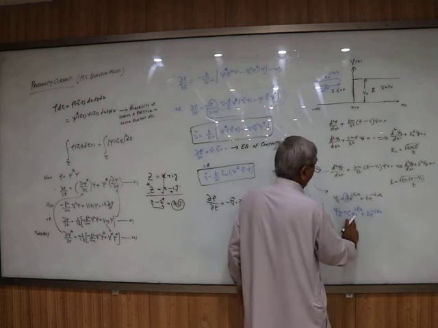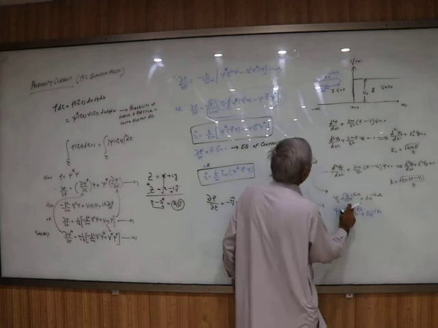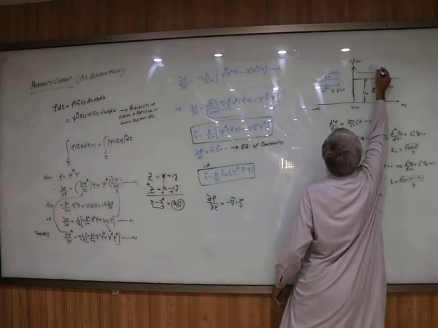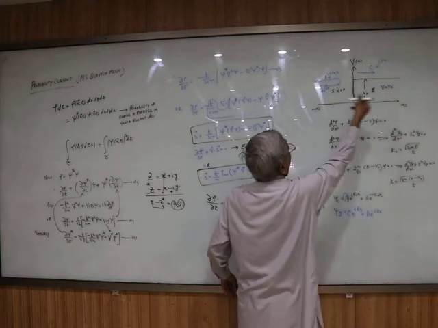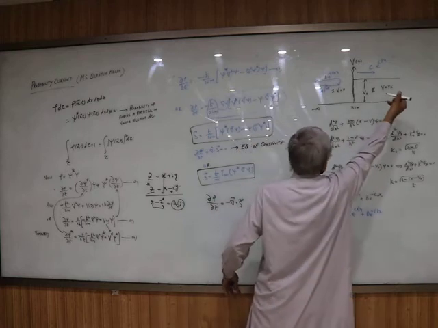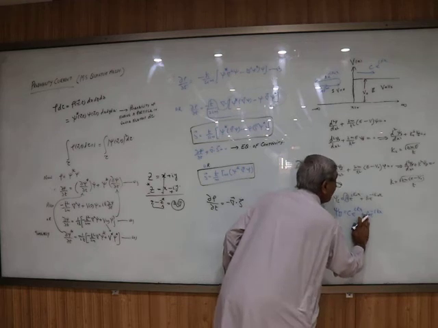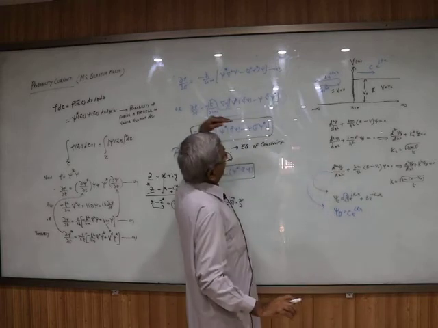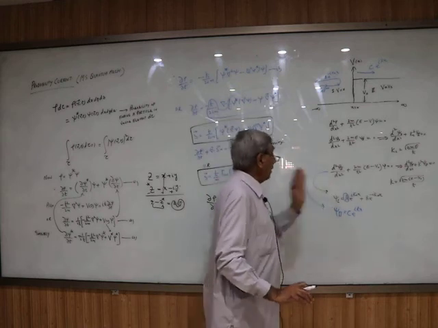Then this represents a wave with amplitude C going in the positive x direction. So this is the wave which is transmitted, and that is C e raised to the power i k x. And since there is no particle coming by reflection from this side, this solution is not physical. Of course, mathematically it is okay, but it is not physical because our condition is that particles are moving from the left, not from the right.